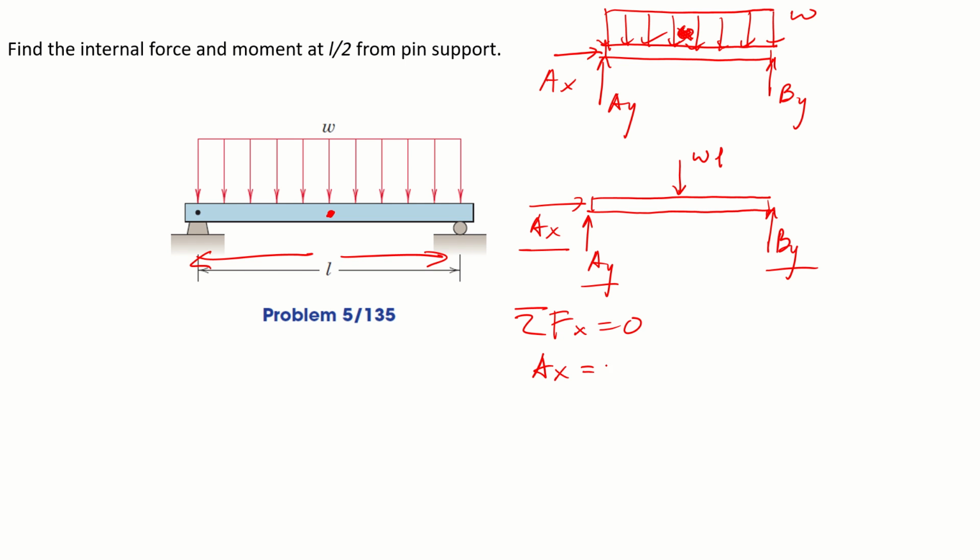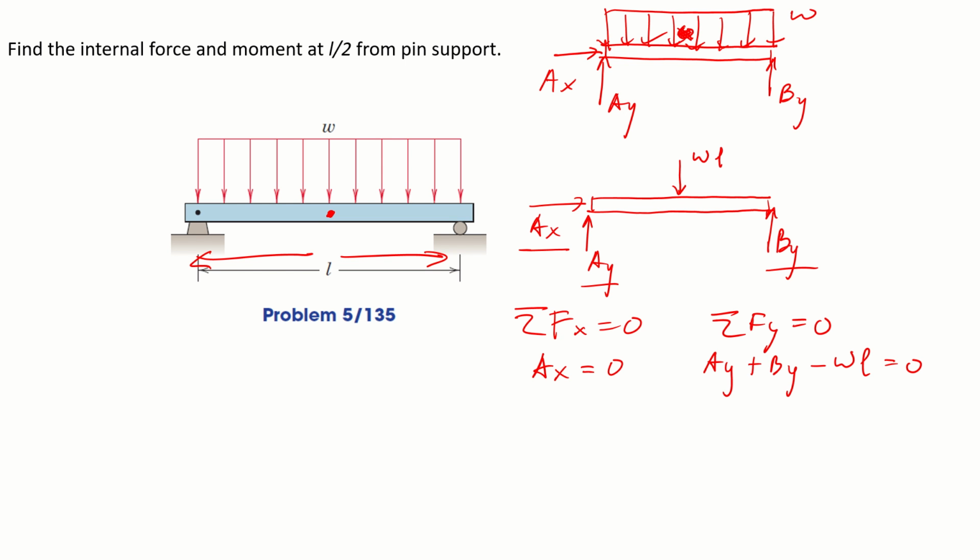In this case, Ax will be 0. Then sigma Fy equals 0. What we will have here is Ay plus By minus wL is supposed to be equal to 0.